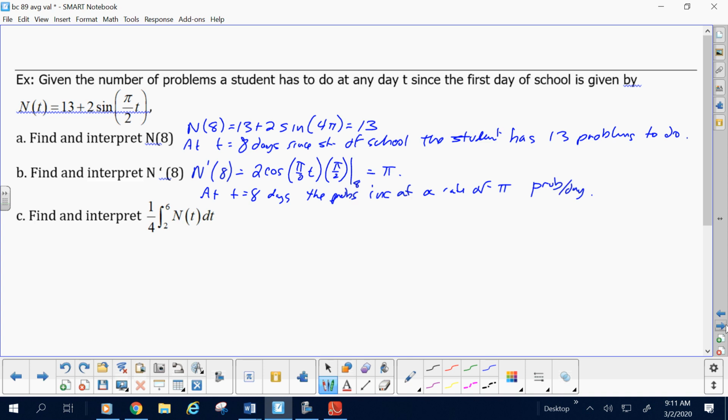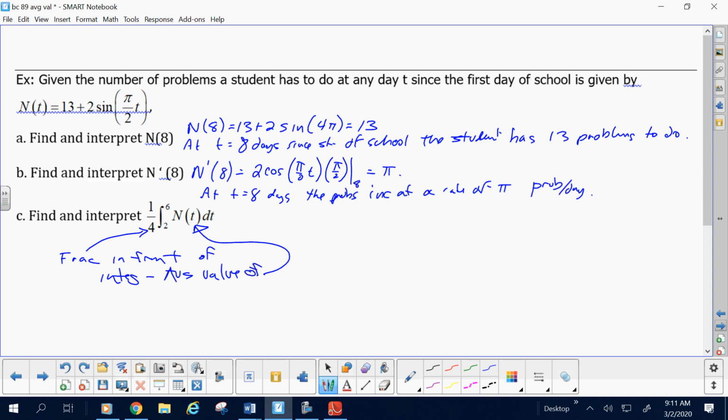You down? Okay. Last but not least, this is the idea of the day. When you see a fraction out front of an integral, think average value of whatever's here. So don't worry, we're running out of time, so we're not going to integrate this.